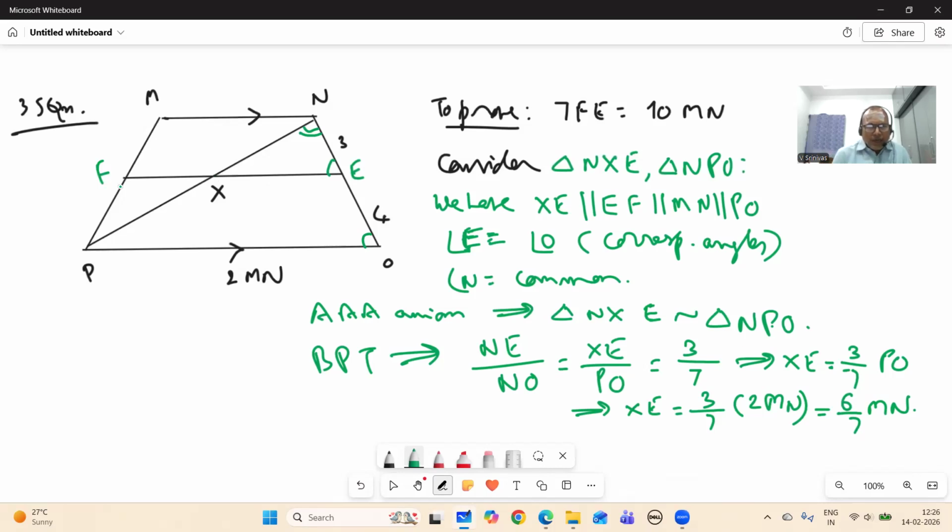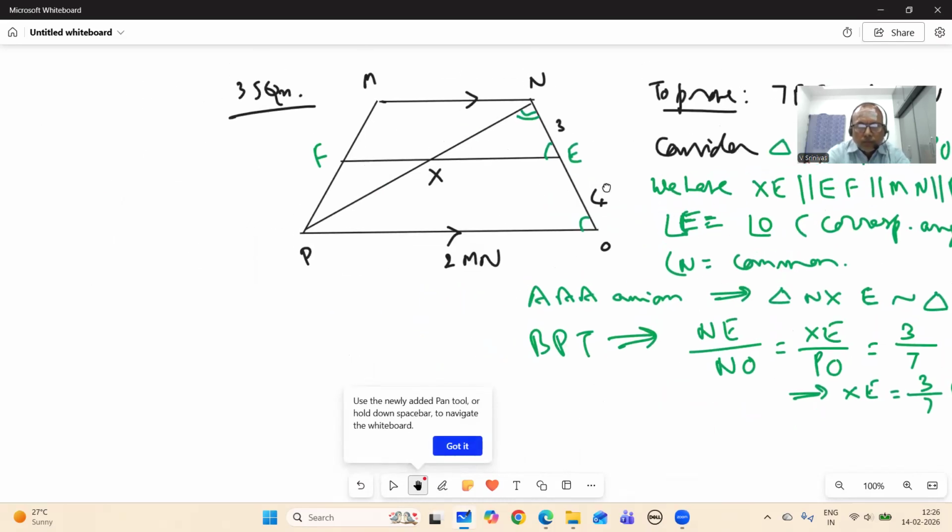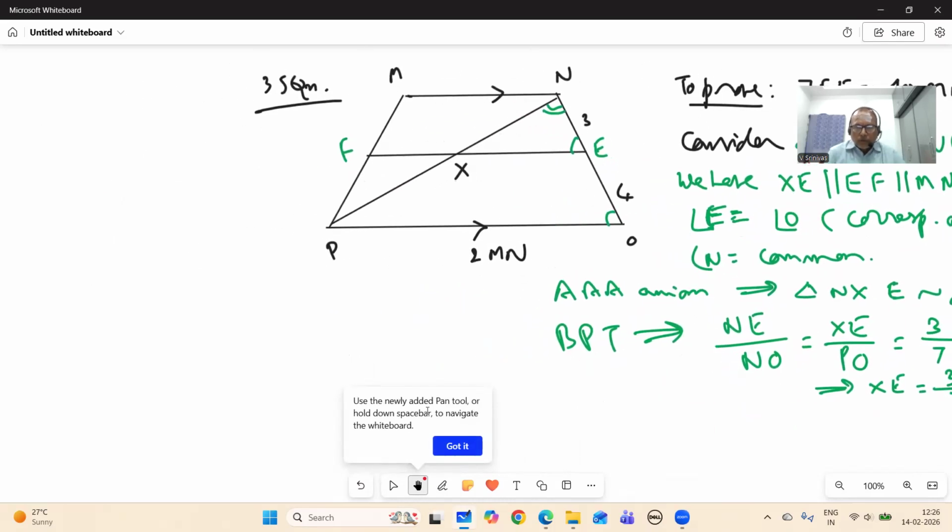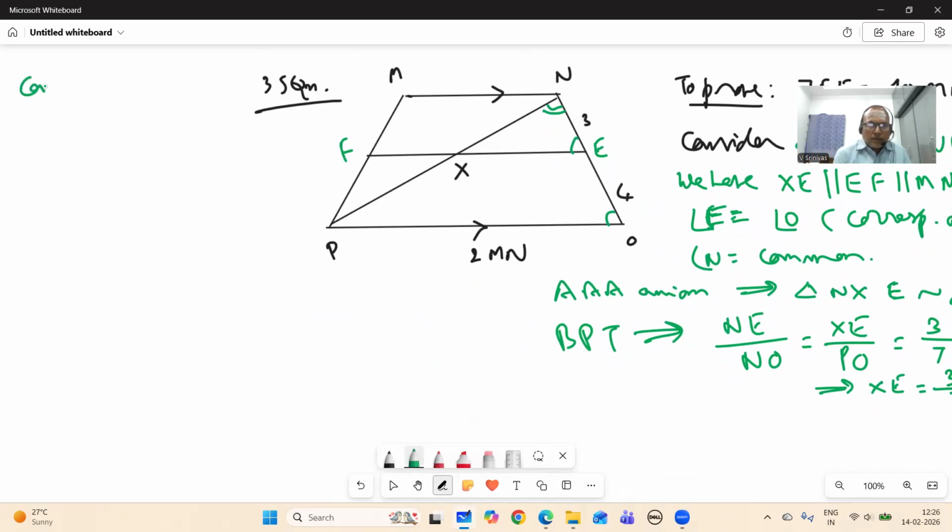Okay. Similarly, let us obtain FX. So let us consider the triangles. Consider triangle PXF and triangle PNM.